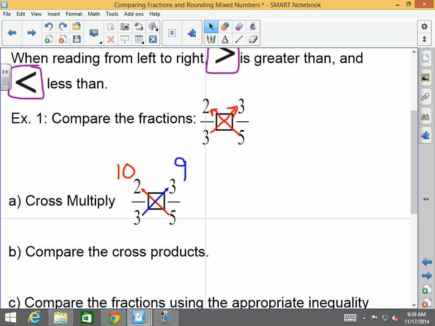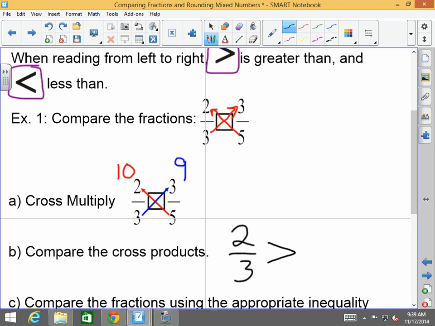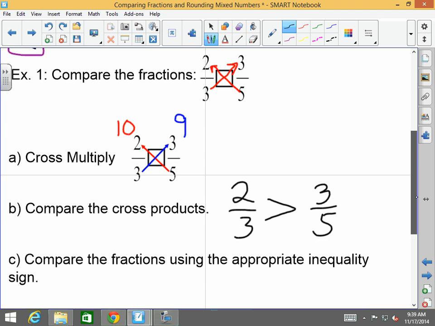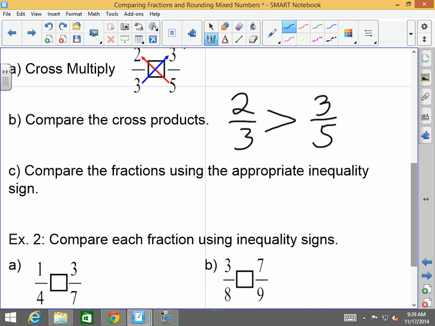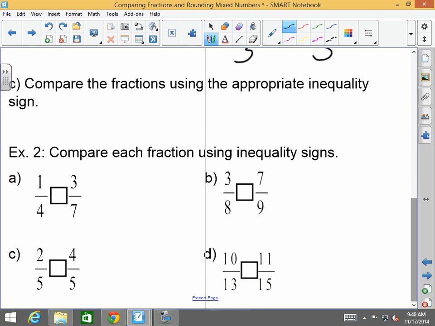Who's larger, the 10 or the 9? So my answer will easily and clearly be 2/3 is greater than 3/5. Does that make sense, gentlemen? You promise? Awesome. Okay. Once you compare the cross products, you compare the fractions using the appropriate inequality sign, just like we did. Cool? All right, let's do it.